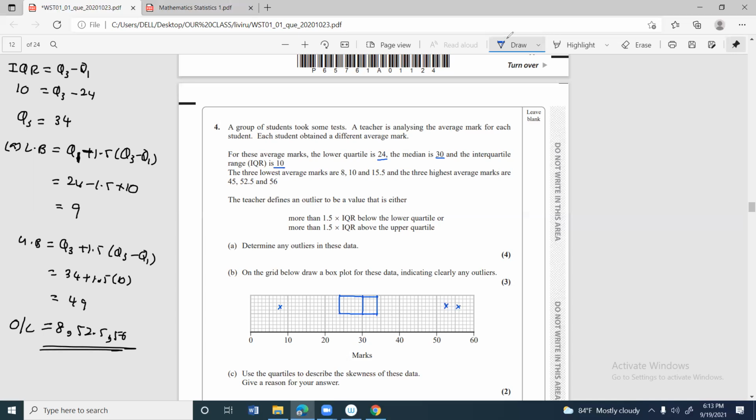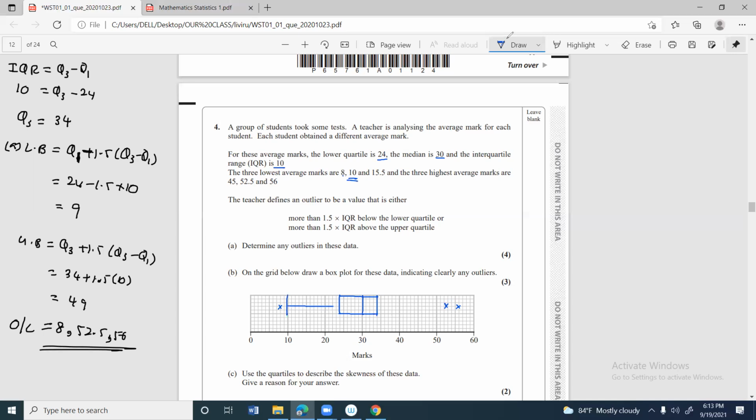Then the lower boundary: up to 9 is within the boundary. We know that for the lower side, the values are 8, 10, and 15.5. Up to 9 you can go ahead, but 8 is an outlier. The next lowest value is 10, therefore 10 becomes the lower whisker end.